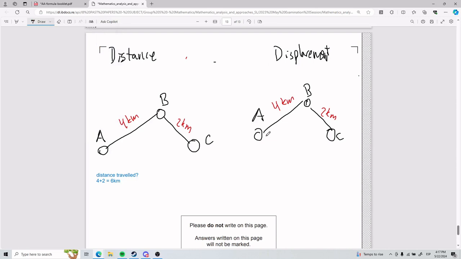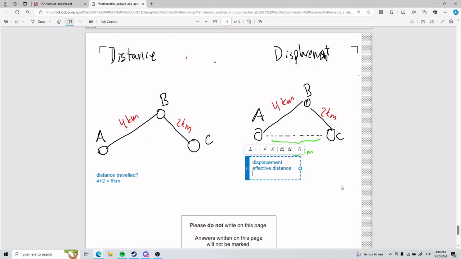And so from A to C, the distance here is going to be 5 kilometers. And so the displacement, you can think about it as your effective distance, okay?